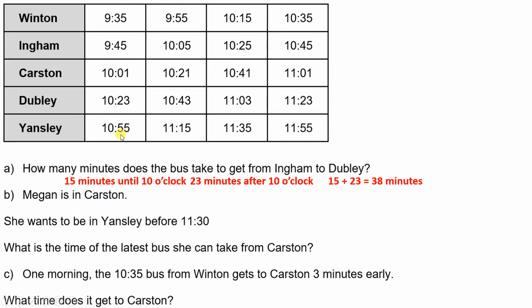She will need the 10:55 or the 11:15. But it asks for the latest bus, so she'll get into Yansley at 11:15. And to do that, what time will the bus leave Carston? If we go up to Carston, it leaves at 10:21.